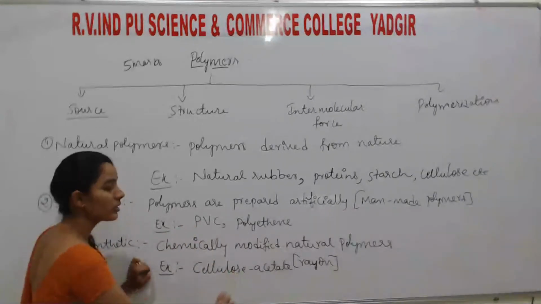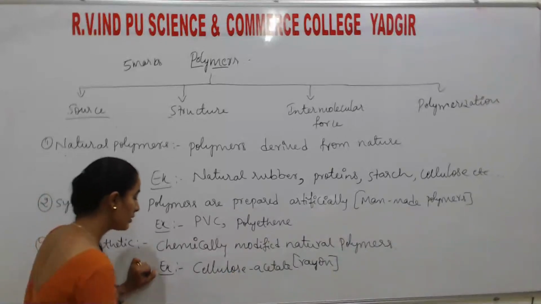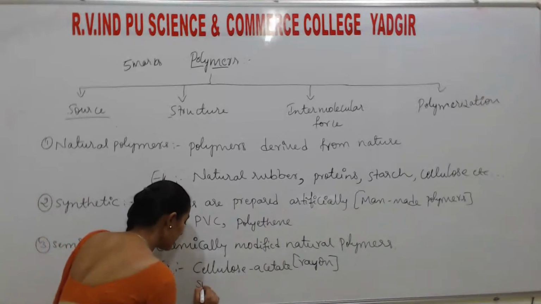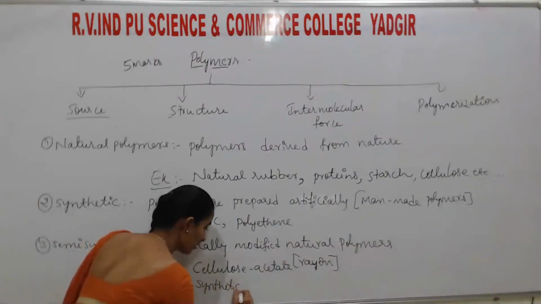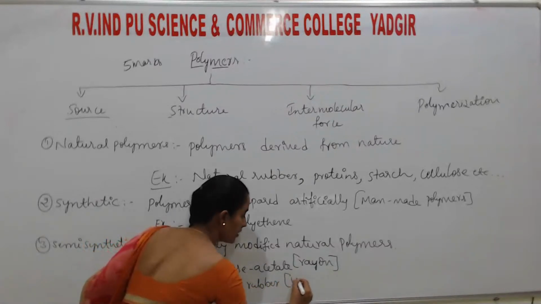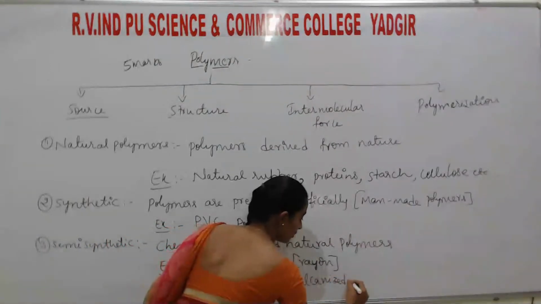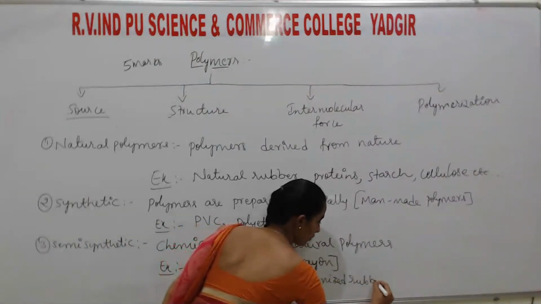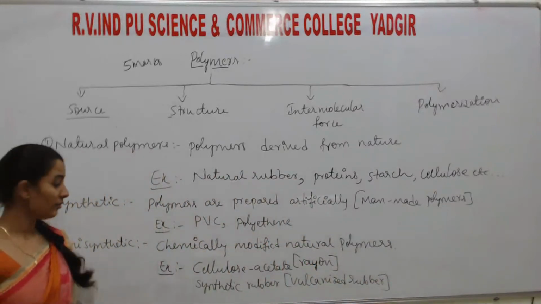Rayon means cellulose acetate. Another one is synthetic rubber, also called vulcanized rubber. So these are all the examples.